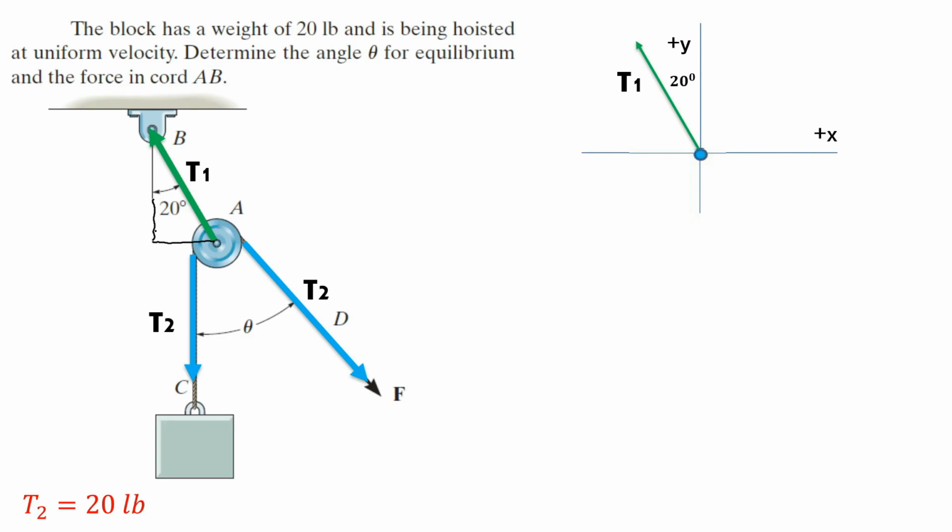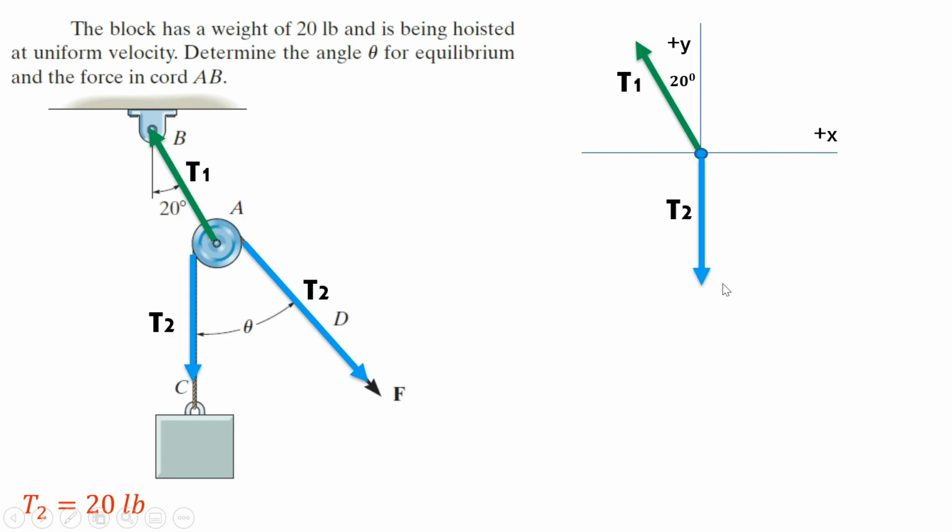And if we look here, this is 90 degrees, so this is also the y-axis. If this is 20 degrees, then definitely this is 70. And if that is 70, this is 20 degrees. That's why we place 20 degrees on this part. Okay, so that is for T1.